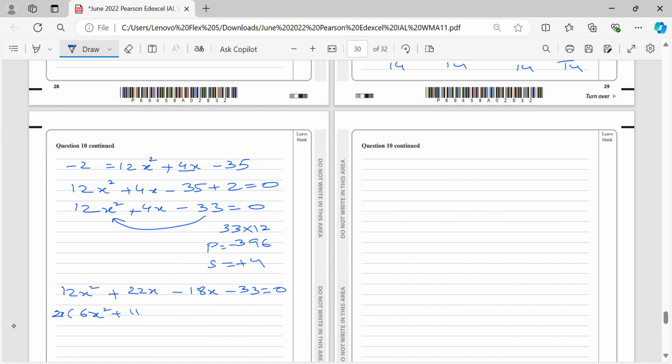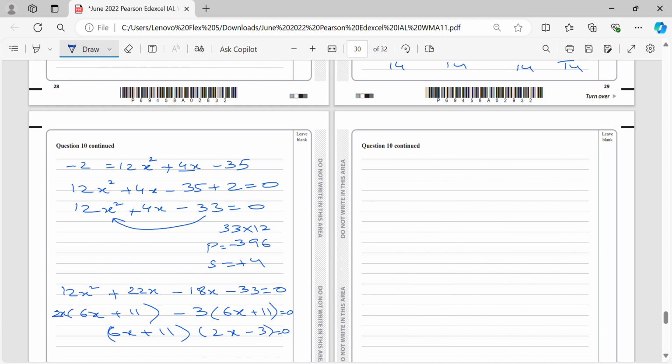I can take 2x common, and here I can take 3 common, with 11. So 6x plus 11 and another factor 2x minus 3 equals 0.